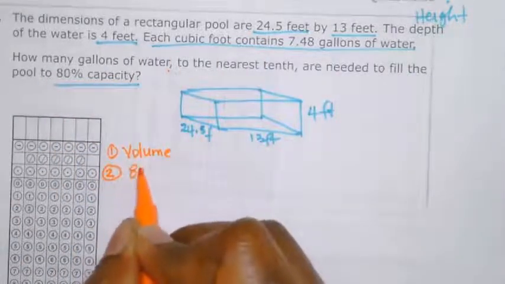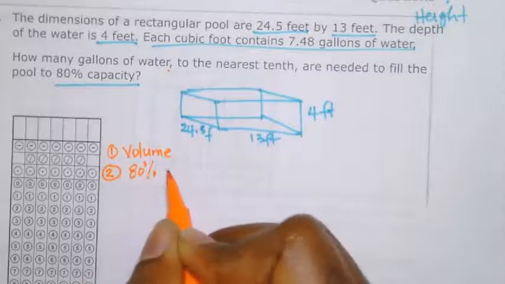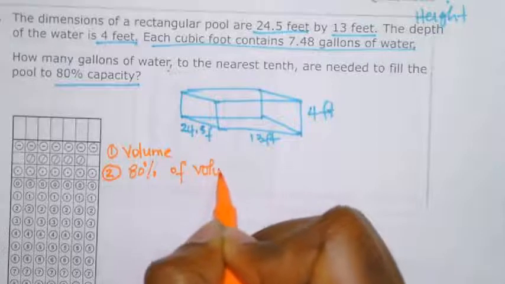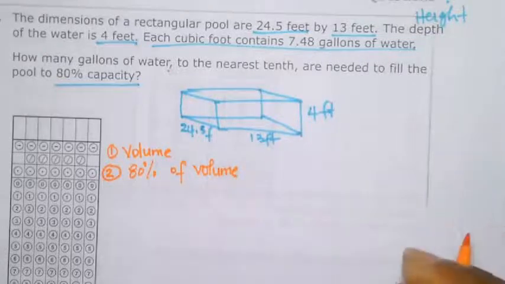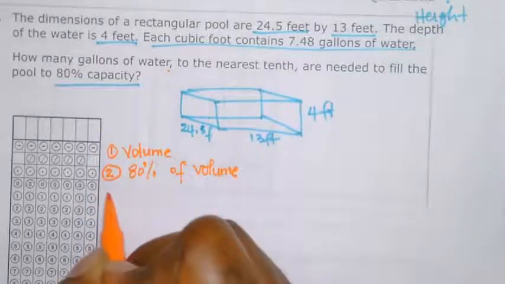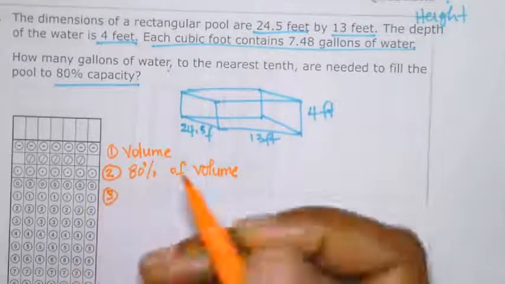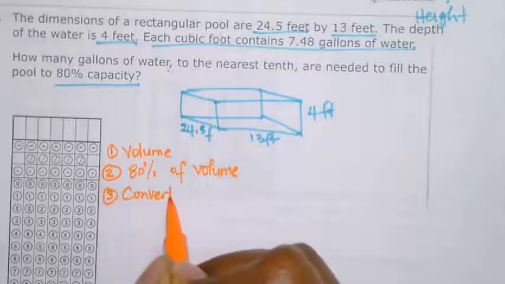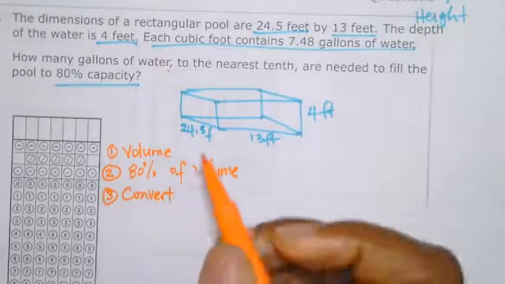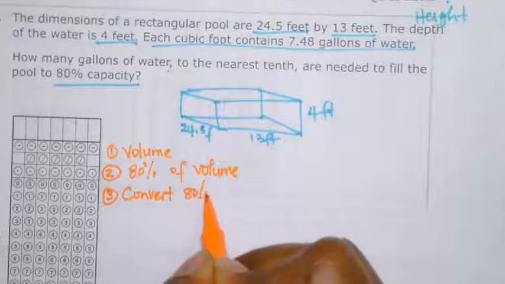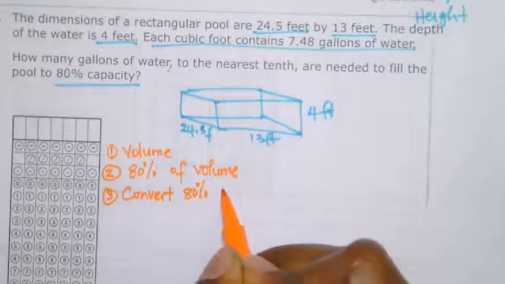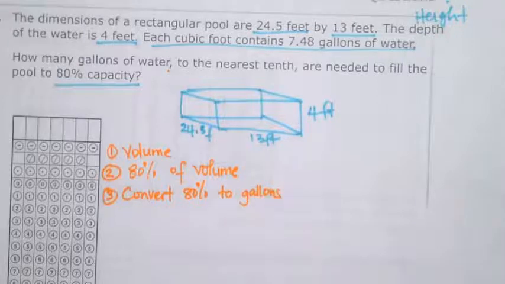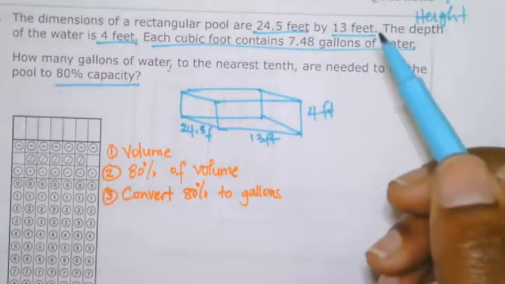So we need 80% of its capacity, and it's the same thing as 80% of the volume, because the words volume and capacity tend to be used interchangeably. The third thing is that we need to convert that 80% volume to gallons.